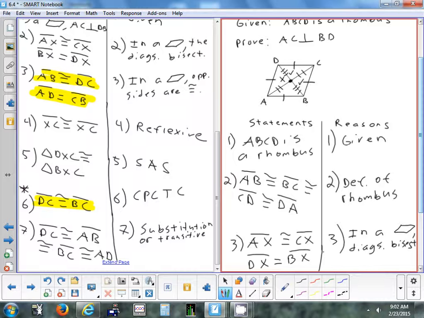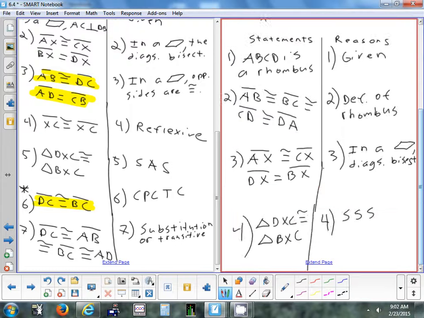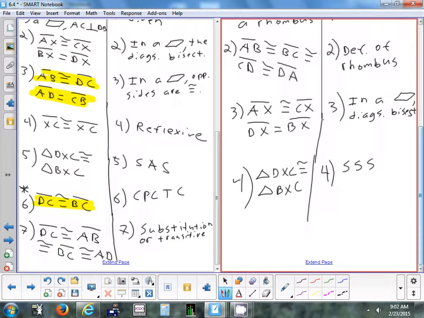We don't know they're 90s yet, but we do know something a little bit more general. We know they're congruent, because of CPCTC. So whatever they are, they both have to be the same. So angle DXC is congruent to angle BXC.